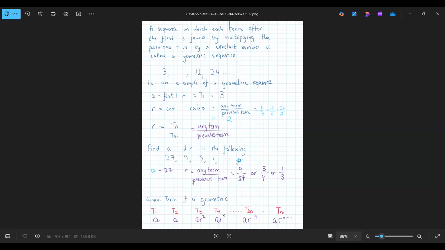The general formula for a geometric sequence is what you have down there: A R raised to power n minus 1. So everything on this page, at least you have a good understanding of it, right? Yes, sir. Okay, good. Let's move on to the next page.